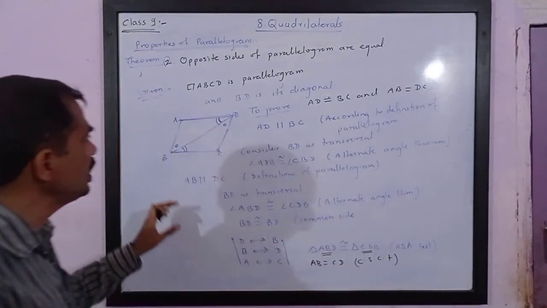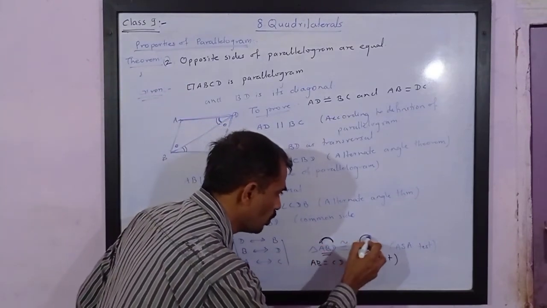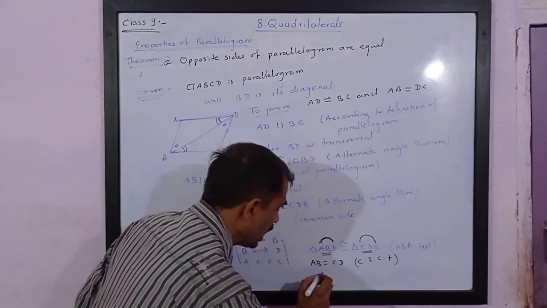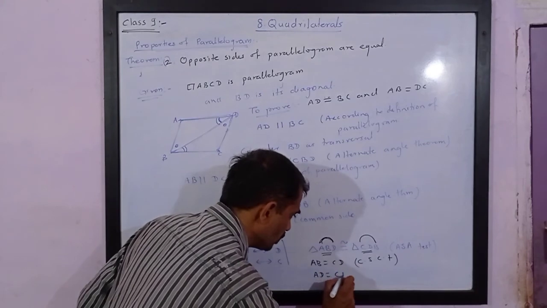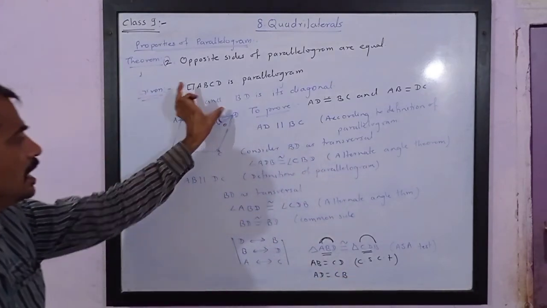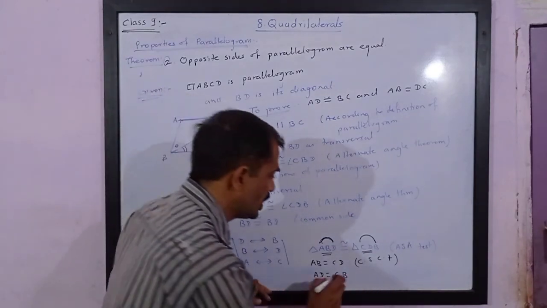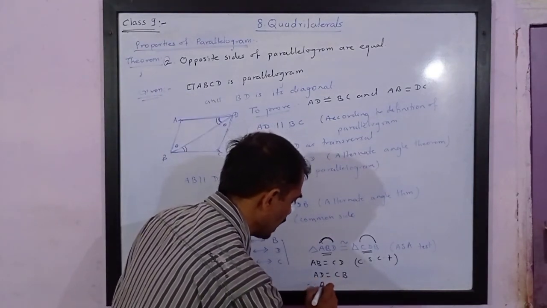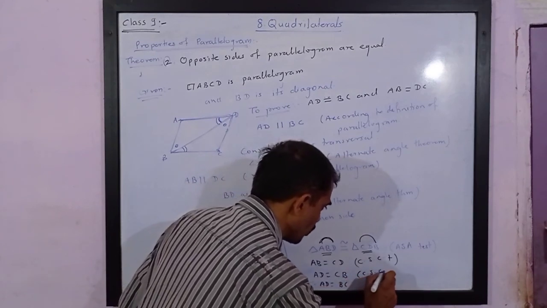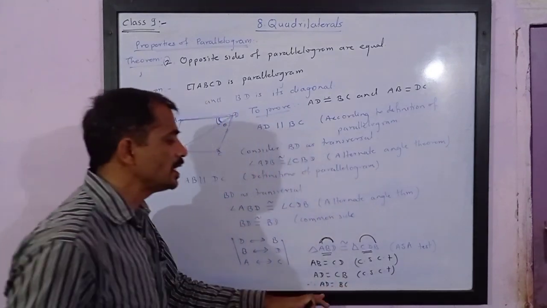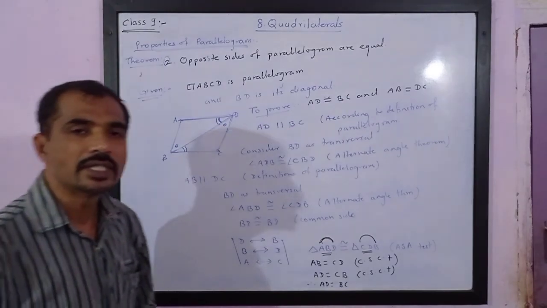And you will also get AD, the first and third, is equal to CB. Please note, AD is equal to CB means AD is equal to BC. Here also the reason is corresponding sides of congruent triangles. Thus we can say that opposite sides of a parallelogram are always equal.